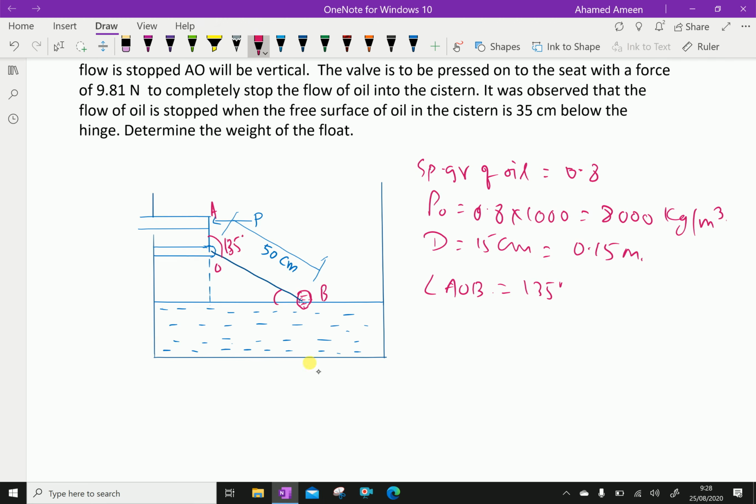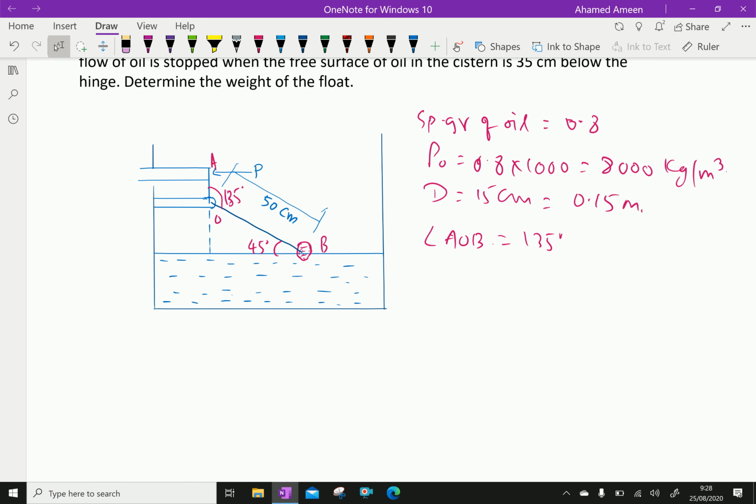So it is 45 by geometry. OA is given as 20 centimeter, 0.2 meter, here 20.